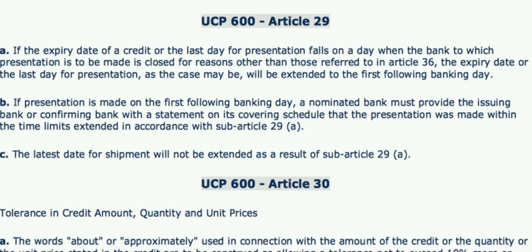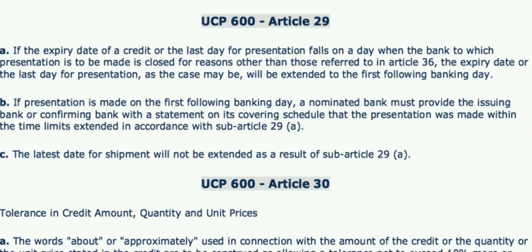There are some reasons for closure in Article 36. But if a bank remains closed for any reason other than that, the expiry date will be extended to the first following banking day, the next working day, as it is called in general terms.